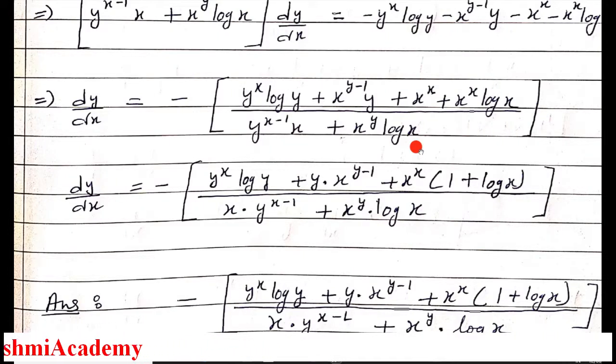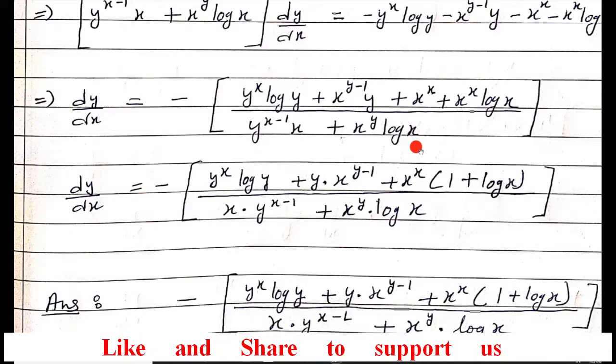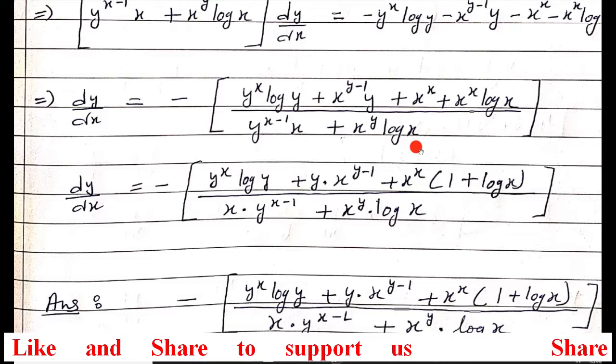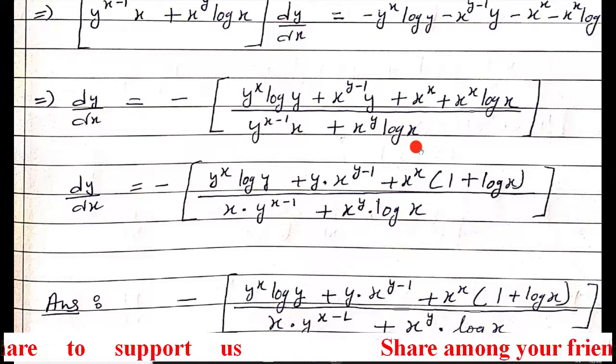And in b part, since there are many implicit functions, you have to do the substitution in terms of u, v, w, and then separately find du over dx, dv over dx, and dw over dx by taking logarithm in both the sides, and hence use the chain rule, and you will get your answer. Thank you.